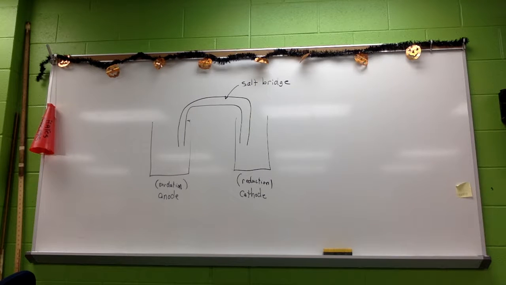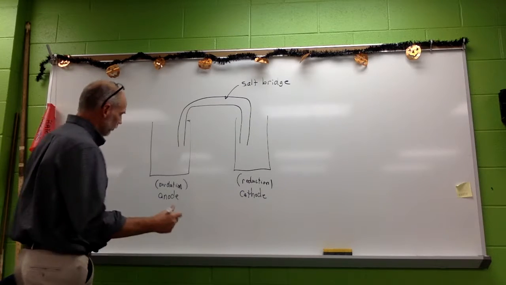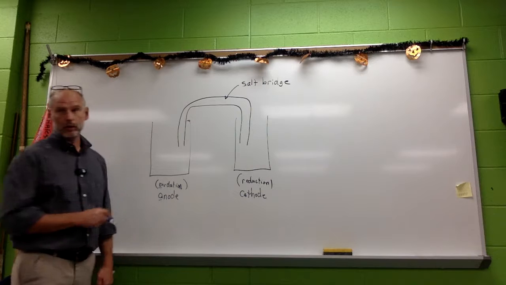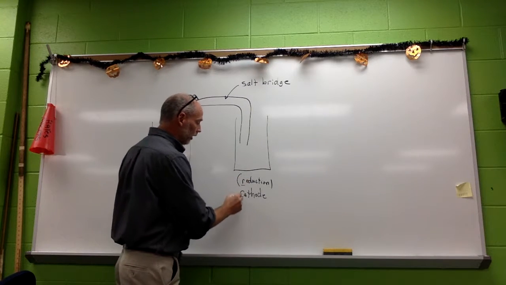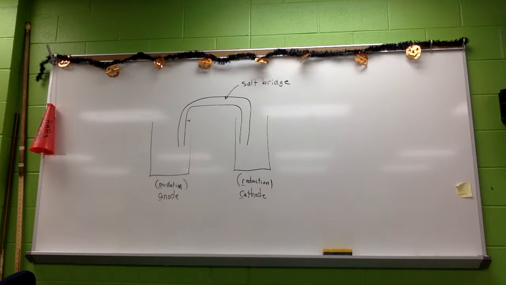You don't have to use it, but I think most people find it useful. Notice that oxidation starts with a vowel, and the word anode starts with a vowel. Notice that the word reduction starts with a consonant, and the word cathode starts with a consonant. That might be helpful for you to remember which is which.